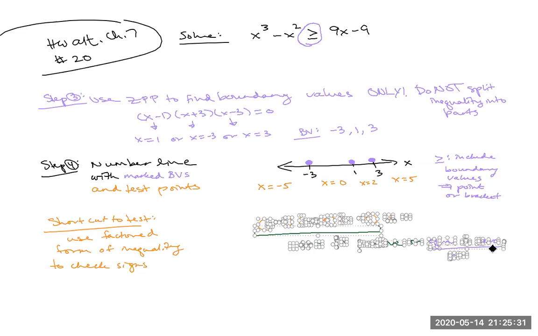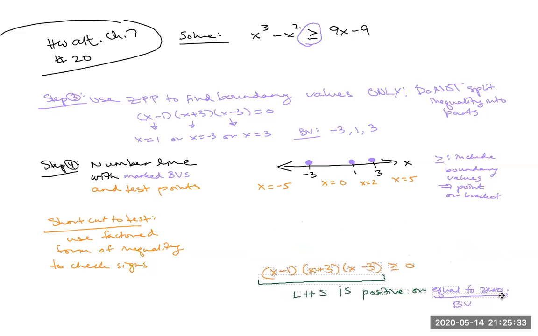Okay, so let me mark this and move it down, so we have some room. Okay, so here we go. When x is -5, look at your shortened version here. If I plug -5 in for x, I get a negative factor times a negative factor times a negative factor.